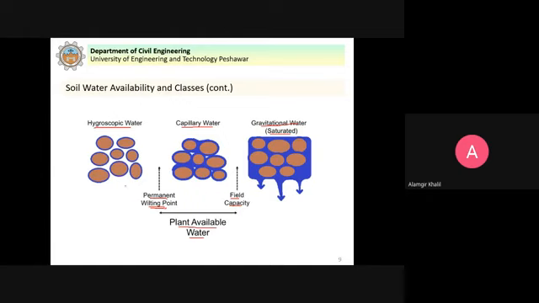Below the wilting point we have water, but due to adhesive forces it cannot be easily extracted by the plants. So if the soil moisture goes below the wilting point, the water will not be able to be taken up by the plants, and the plants will eventually wilt up, become weak, and eventually die.